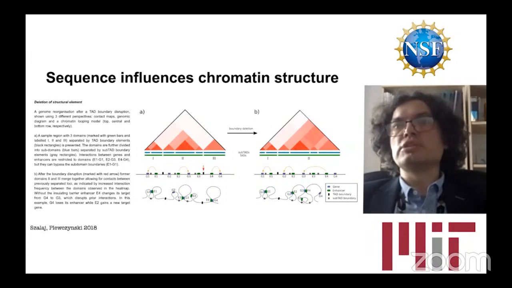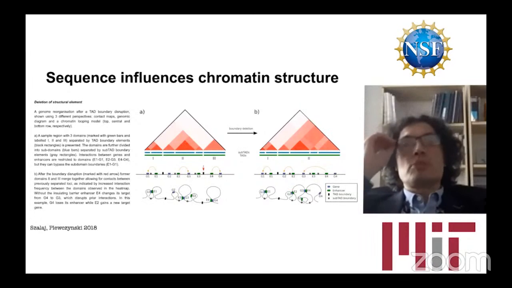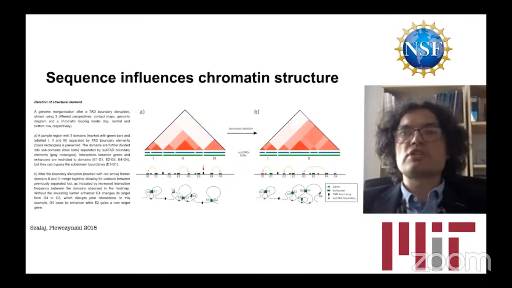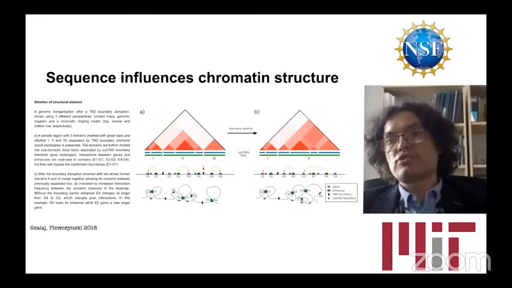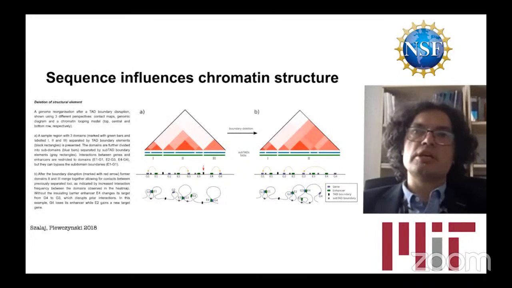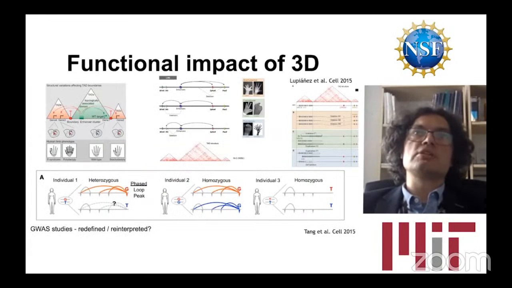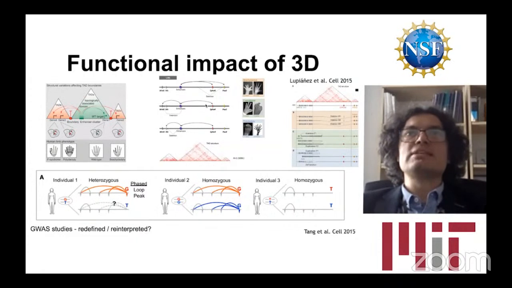Now we have only a single domain 2 composed of the initial domains 2 and 3. So we see the changes in 3D structure, and those changes in 3D structure actually lead to unexpected interactions between enhancers and promoters, therefore activation of genes which were supposed not to be activated. So indeed, we can confirm, and this was done by Lupianez with colleagues, that such deletions can actually lead to a lot of functional changes.